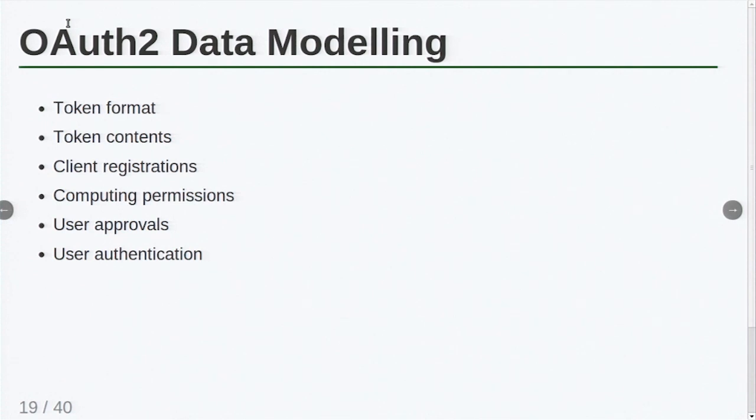A big area that's up for grabs, and something you can add a lot of value with, is computing permissions. So the client wants to obtain an access token to get hold of a resource over here. As a user, I don't want that client writing on my timeline. That's a business expression of a constraint.